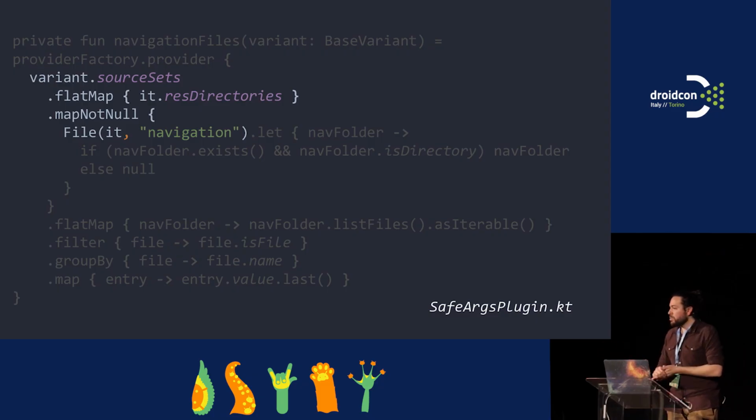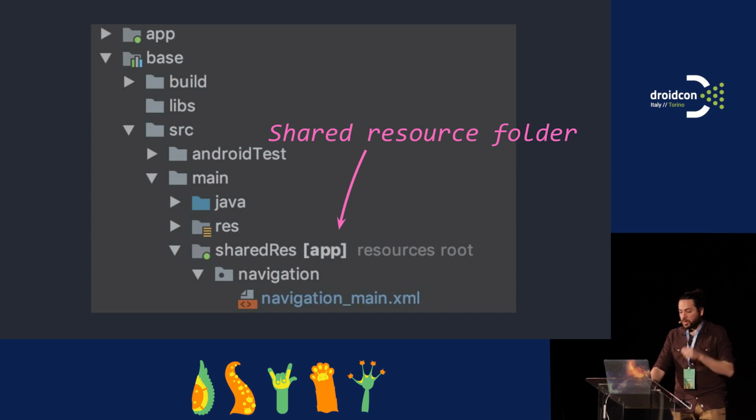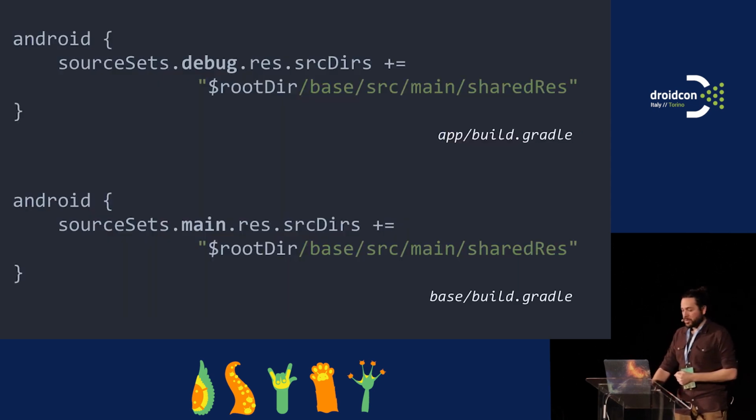And we said, oh, they are checking the source set, but the source set, we can configure it. So what we did is create a specific folder that is intended to be shared among the different modules, containing only the navigation in our case. This folder is shared among the app and the base modules.